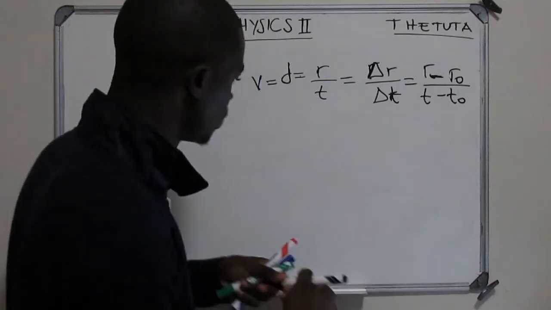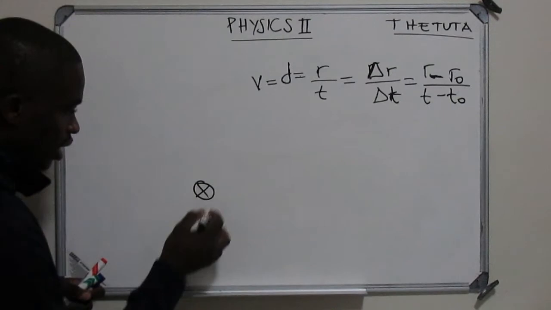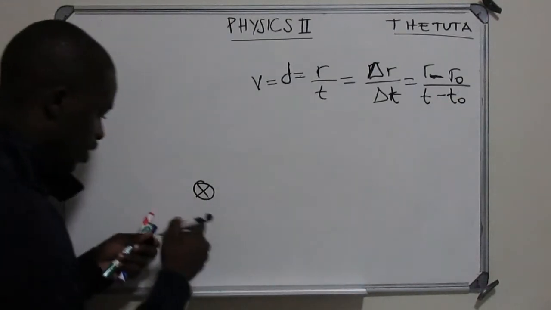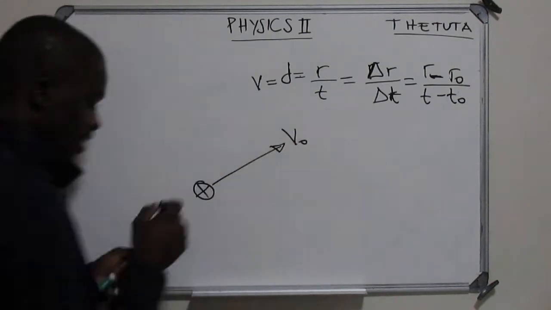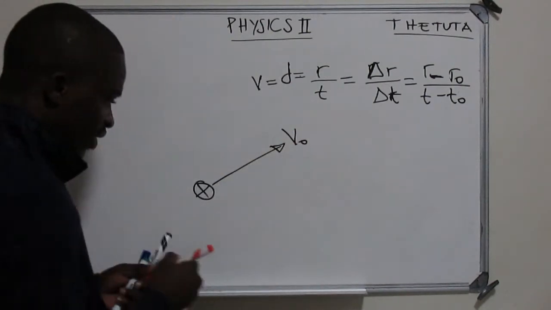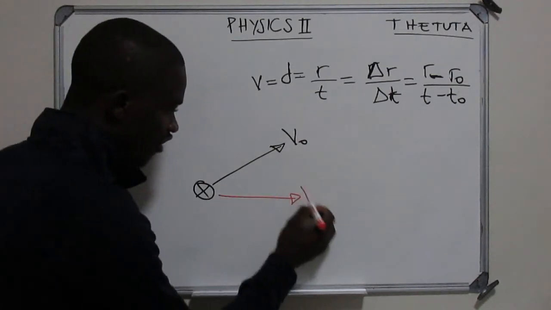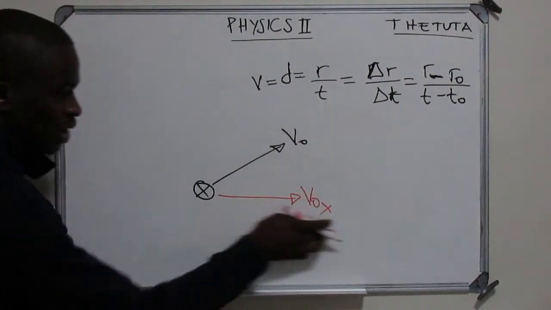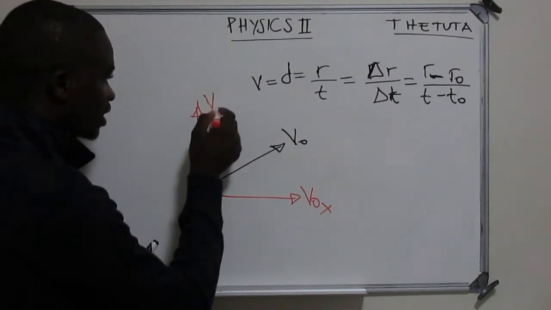For instance, if I have a ball that I have to throw, and that ball is moving from this direction, I can represent it in 2D, which means I'm gonna have a velocity according to the x-axis and as well one according to the y-axis.